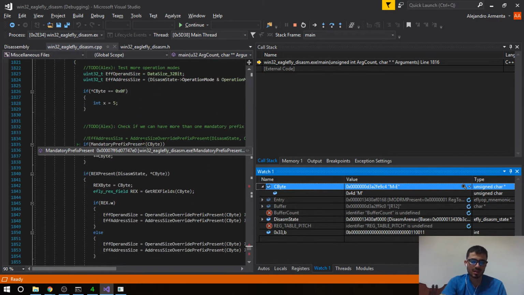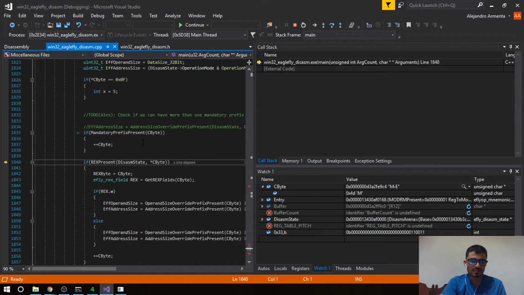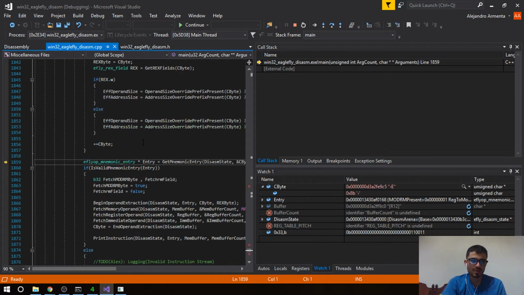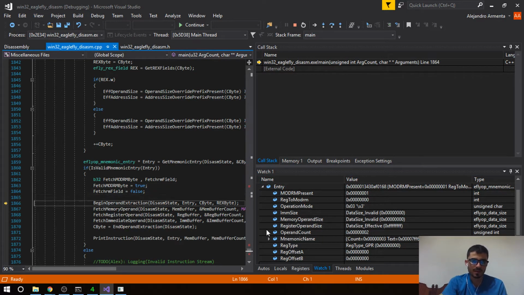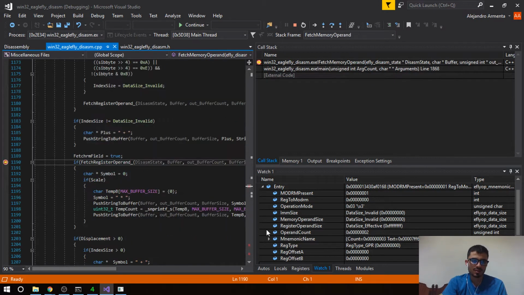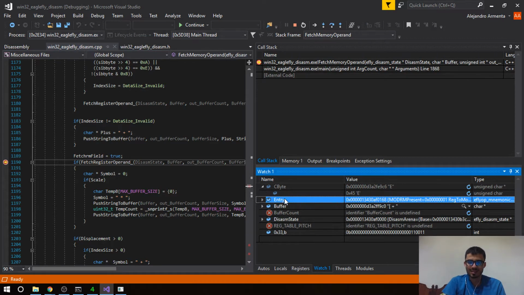So let's see what happens now. If REX, there we go. Then we're going to go for the entry, just a move itself again, and begin operand extraction, and we're going to put a plus there.